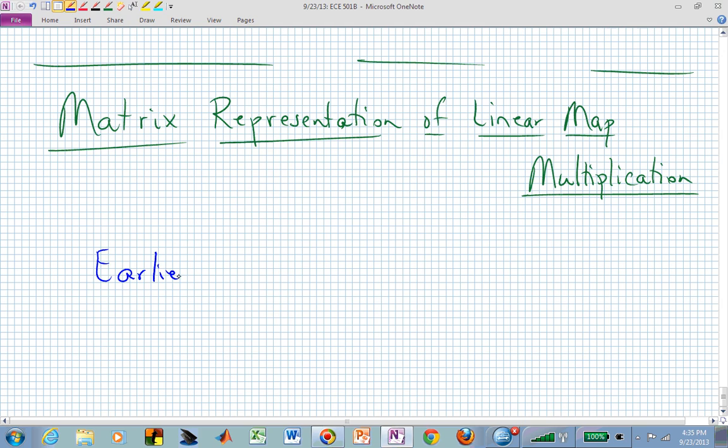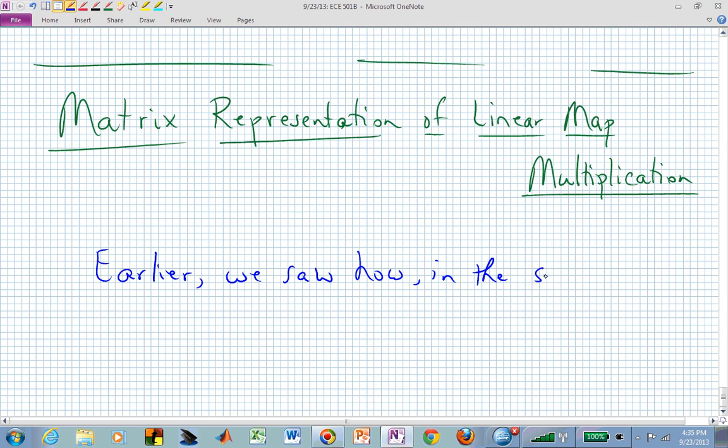We've really already talked about this. Before, we saw how if we had two linear maps, we could compose those linear maps into two separate operations.